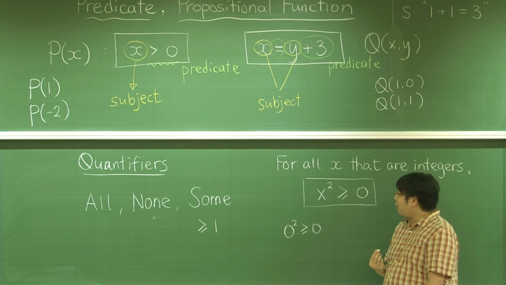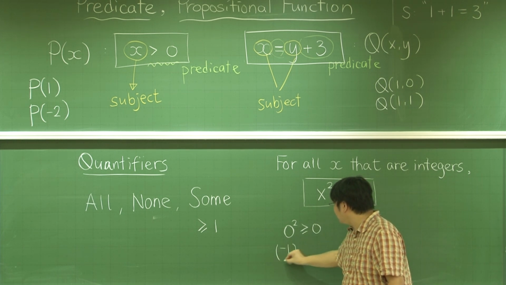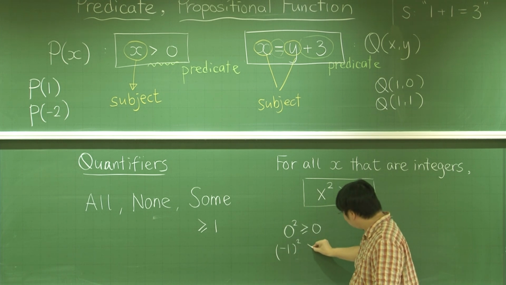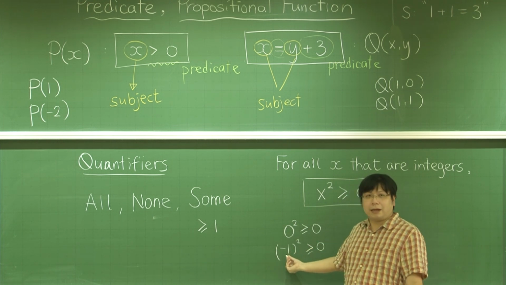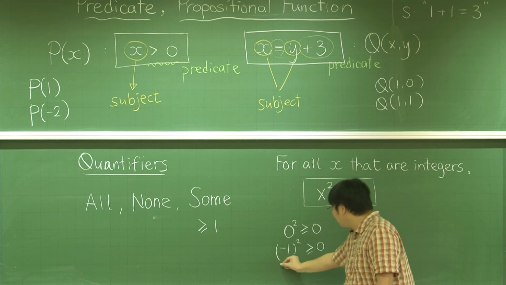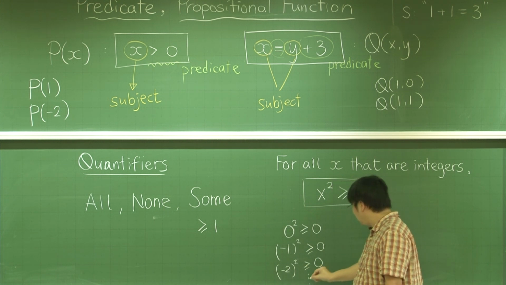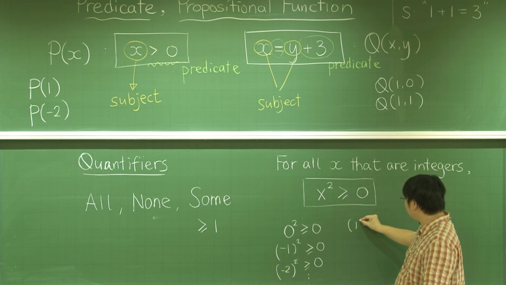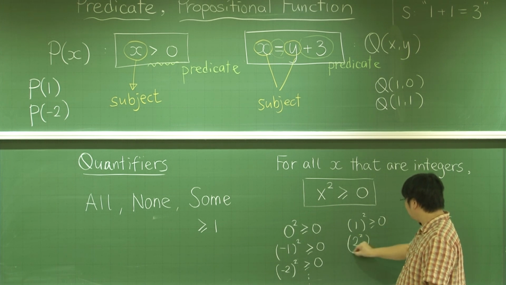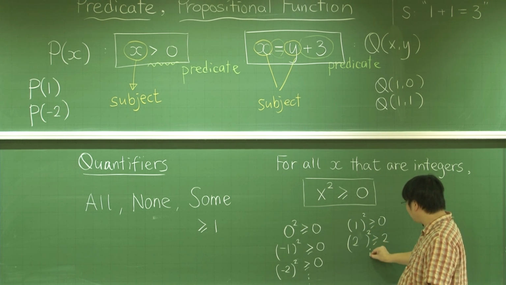Now if x is a negative number, let's say -1 or -2, then any negative number, the square of it becomes positive. So it is greater than or equal to 0. So we know this is true. And similarly, we know 1 squared is greater than or equal to 0, 2 squared is greater than or equal to 0, and so on and so forth.